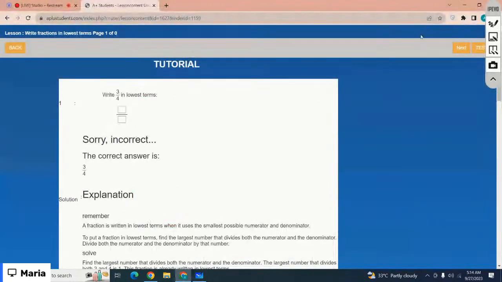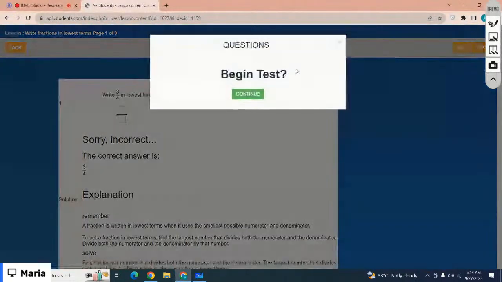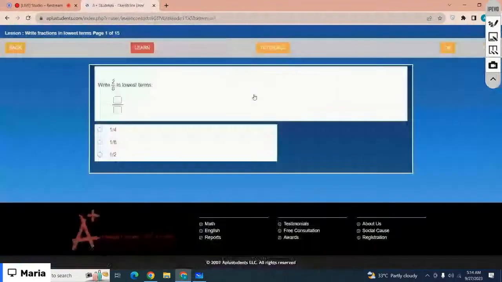Let's start with the practice questions. Write 2 by 8 in lowest terms. Which is the correct option? Which number is common between 2 and 8?